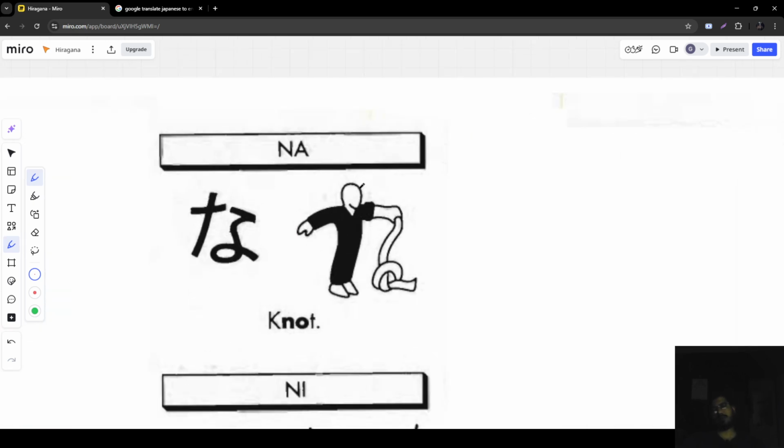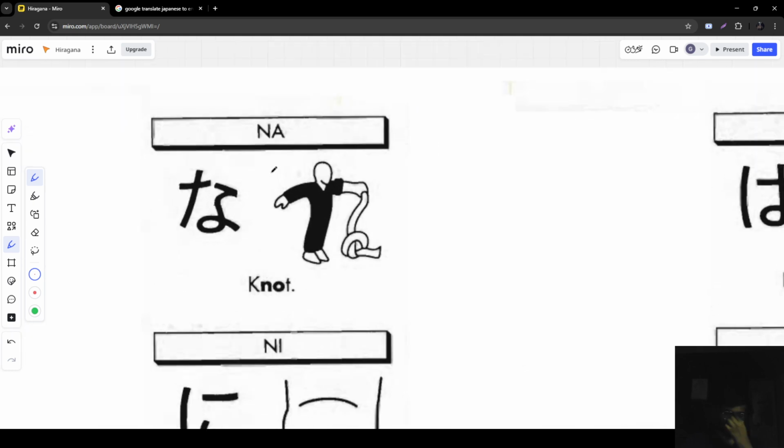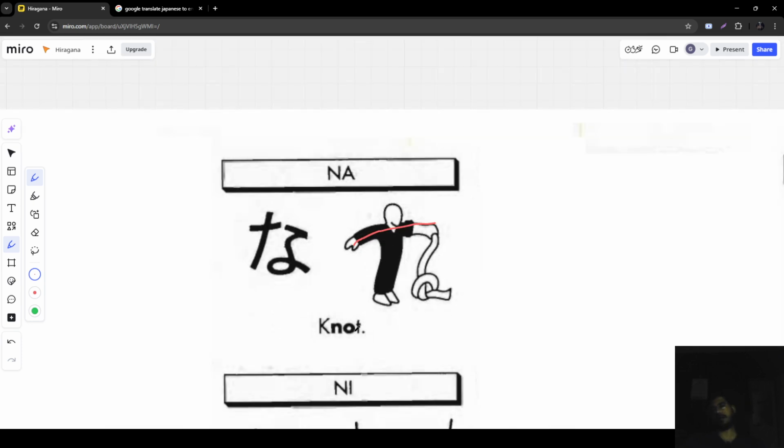The next consonant is na. Na is slightly difficult and also confusing, but this is a better way to remember it. So, not.